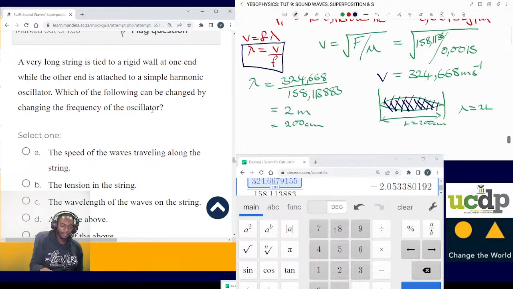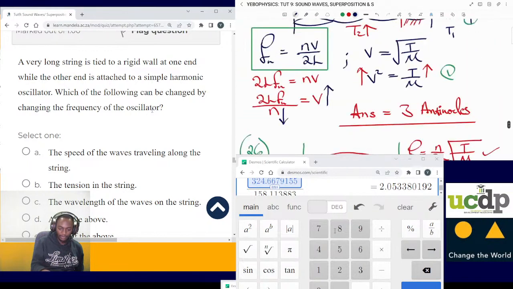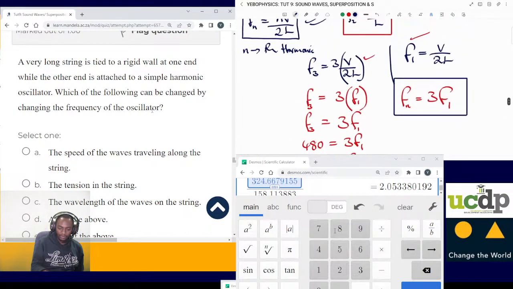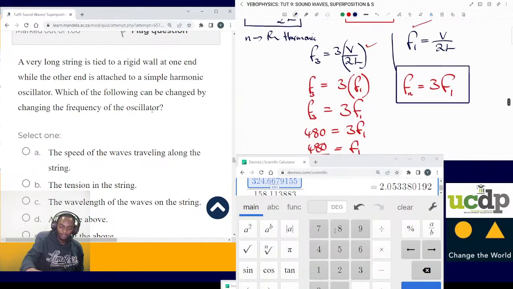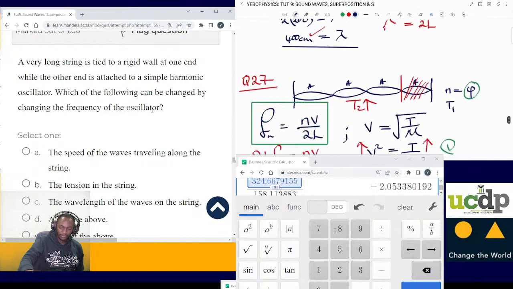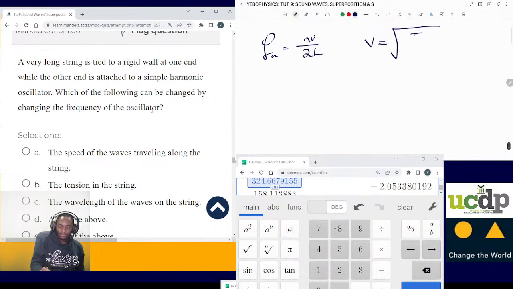I think we have f equals nv over 2L, and we realize that v is equal to the square root of T over mu, and we see what changes the velocity is the tension.